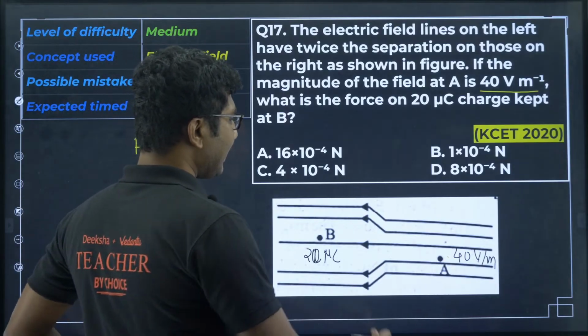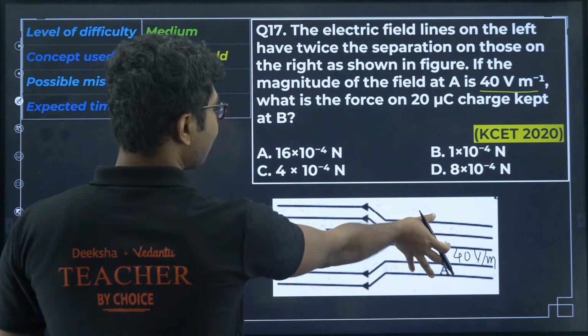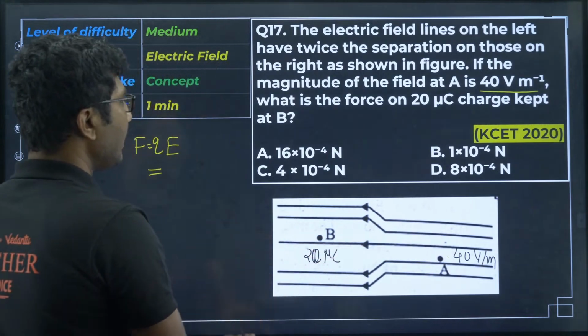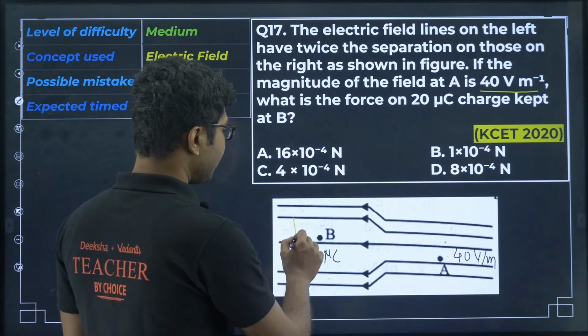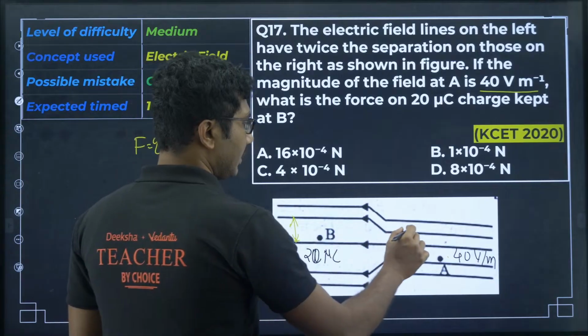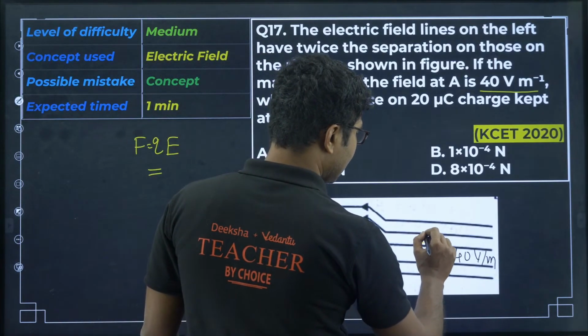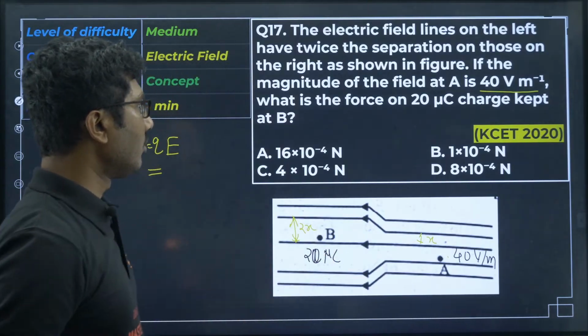It is given that the electric field lines are twice as separated here compared to here. If this separation is x, then this is 2x.